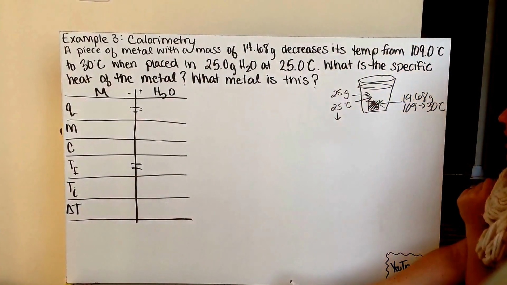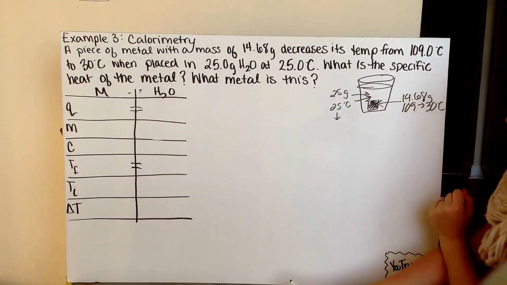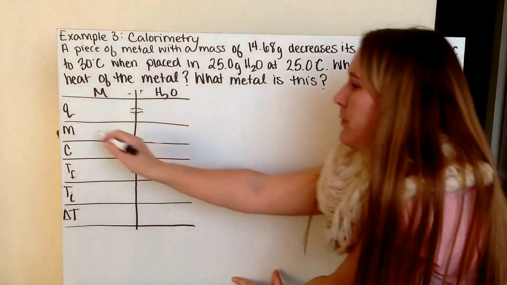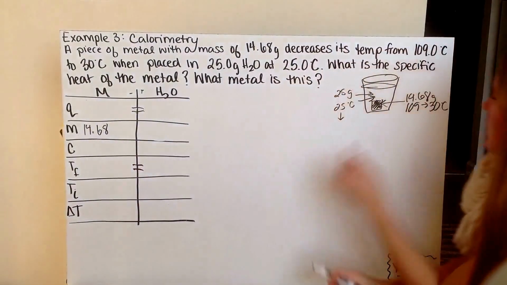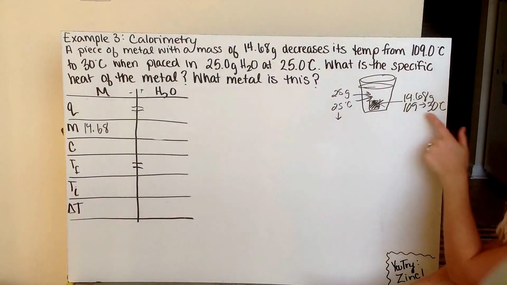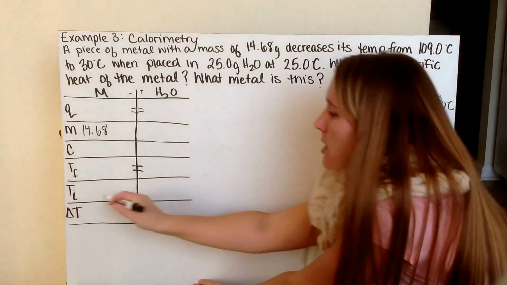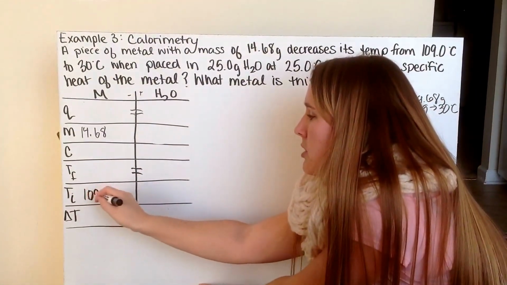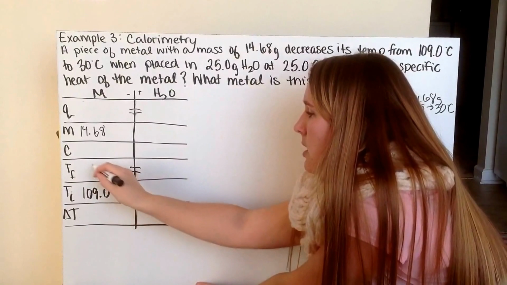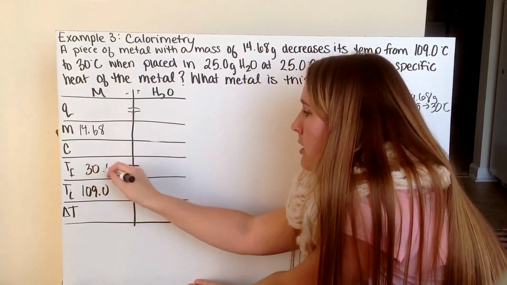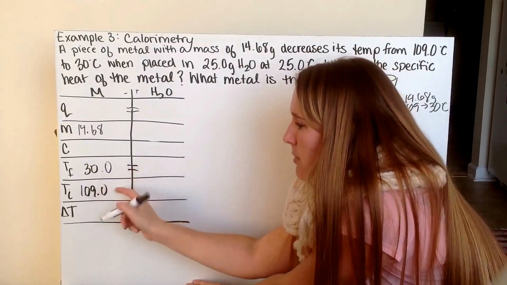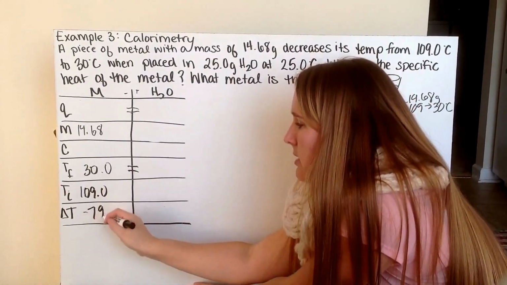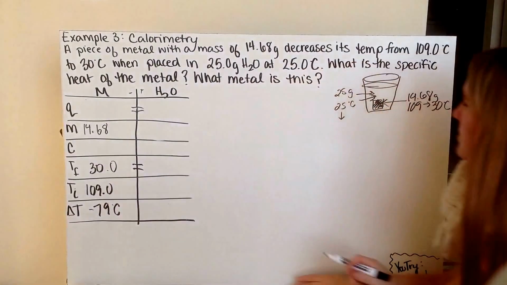From the picture I've drawn, I know that my metal has a mass of 14.68 grams. I know that it goes from 109 to 30 degrees Celsius. So its initial temperature is 109 degrees Celsius. It goes to 30 degrees Celsius, which I can then use to find change in temperature, final minus initial, so negative 79 degrees Celsius.